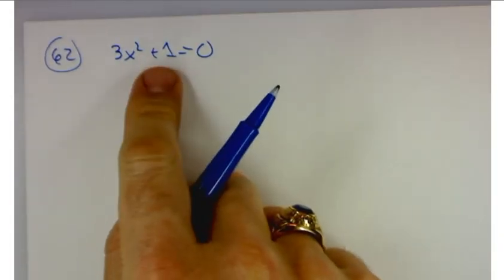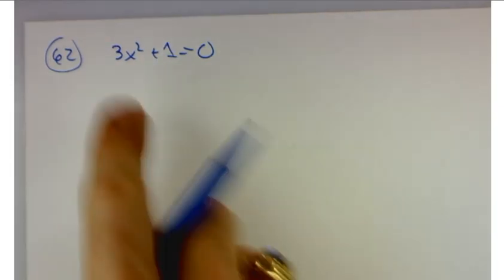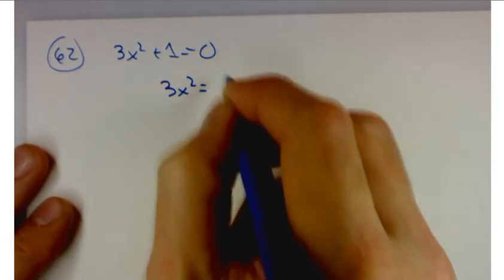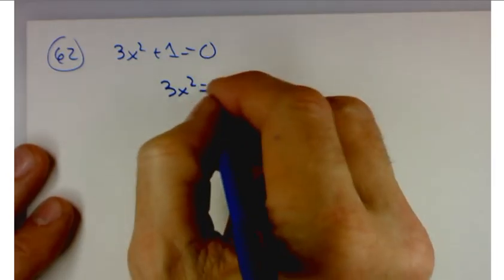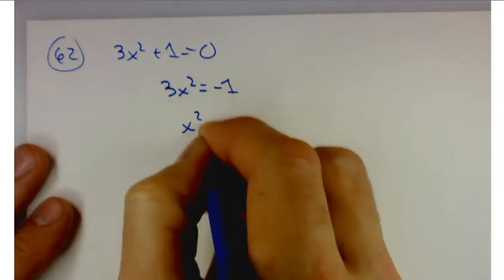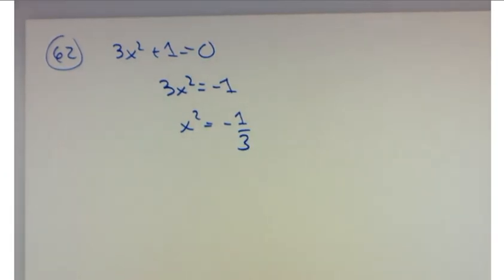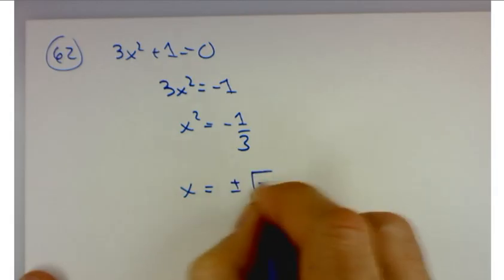Because there's no middle term, there's no term in x, what you could do is move the 1 to the right-hand side. When I move it to the right-hand side, what do I get? Negative 1. It changes signs. Divide by 3. Then what? Yeah, take the square root on both sides. Thanks, Lucas. So I get x equals plus or minus the square root of negative 1/3.